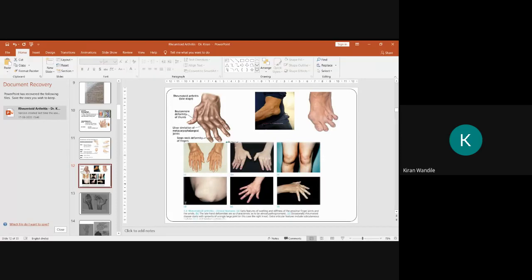Then you can see the extensor tenosynovitis. The first picture in the second column, second row. And you can see the fusiform swellings of the metacarpophalangeal joints in the middle picture. Then you can see the accumulation of synovial fluid in the knee.